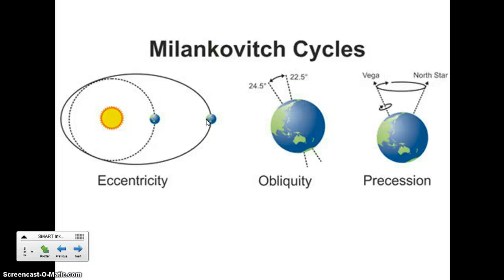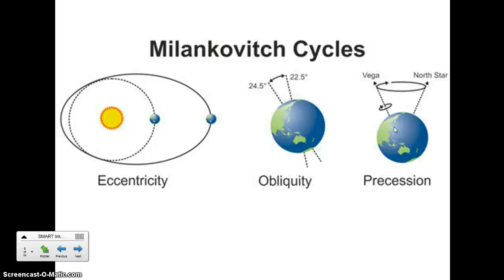Now the precession one is a little interesting in that it doesn't really affect long-term periods of time when it's colder or warmer, but when the different seasons happen. Think of the Earth as a top that wobbles on its axis. When you spin a top, at first it's standing straight up, but then it starts to wobble on the axis. Well, that's what the Earth's axis does.